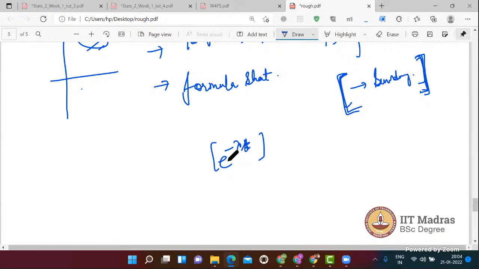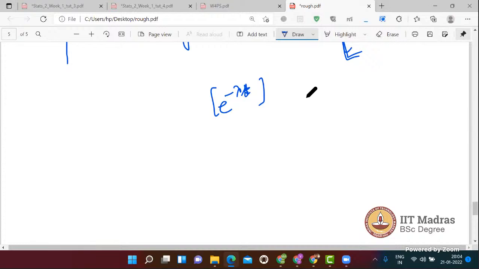What is the exact difference between PDF and CDF, sir? PDF describes the density, some sort of density probability. CDF will just tell you till this point.